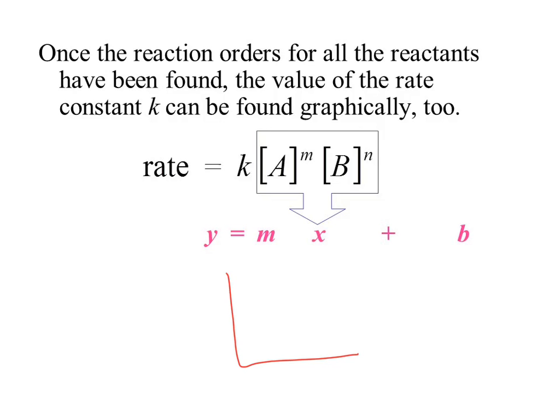I forgot about that. So down here, this is A raised to the m, which we know now. B raised to the n, which we know now. Again, it's going to be a positive slope along the y-axis. It's just going to be plain old rate. Okay, and your slope is equal to k. Let Logger Pro spit it out.